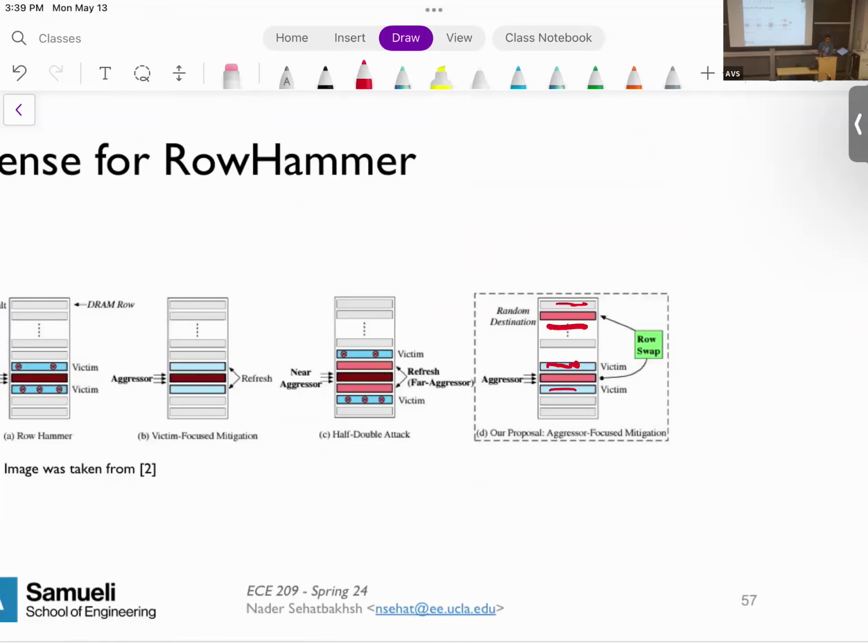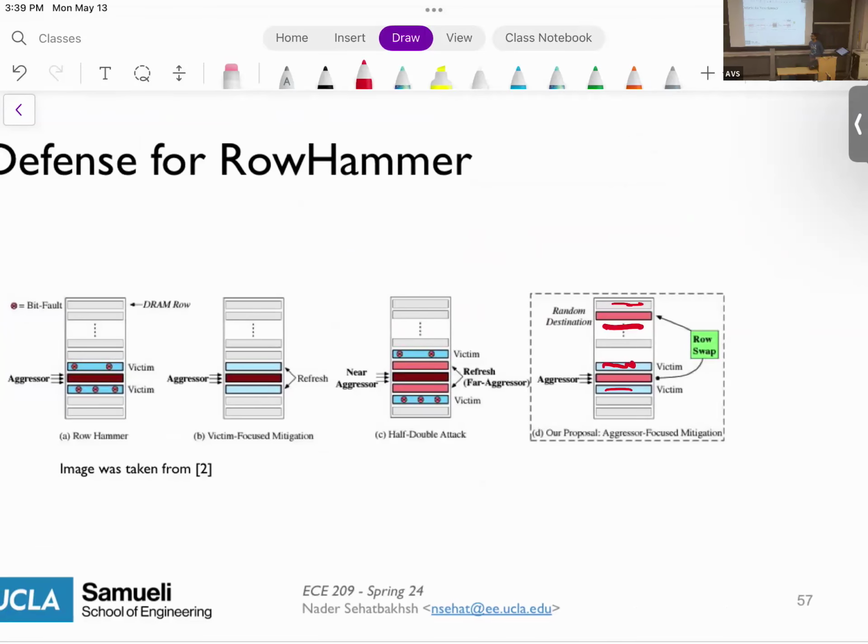Questions? Yeah. Isn't that last one really hard to do? Well, why is it hard to do? You'd have to read it out of one row and write it into another and then continue your regular operation. Yeah, that's what you do. And that would take a while, wouldn't it? It happens in the background, right?